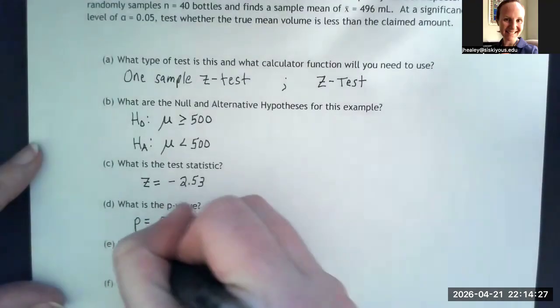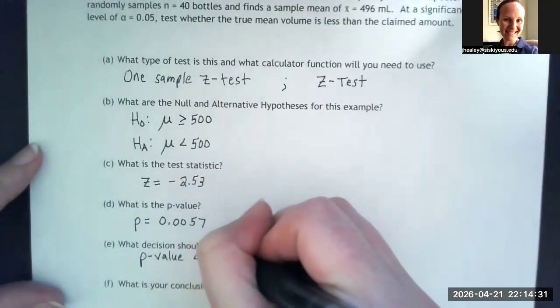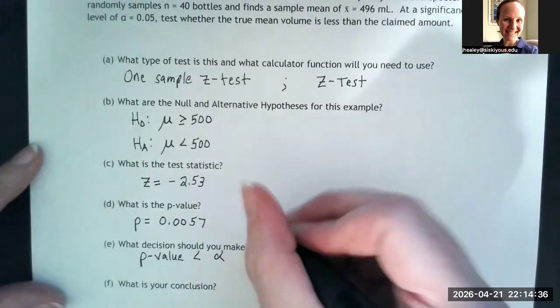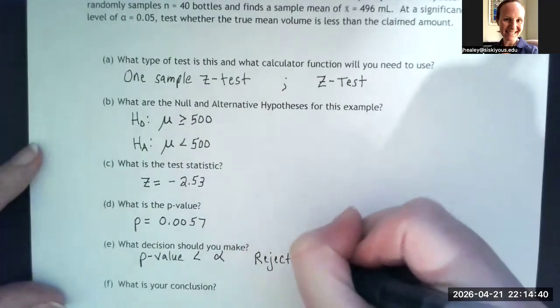So p-value is less than alpha. If the p-value is low, the null must go. So we're going to reject the null hypothesis.